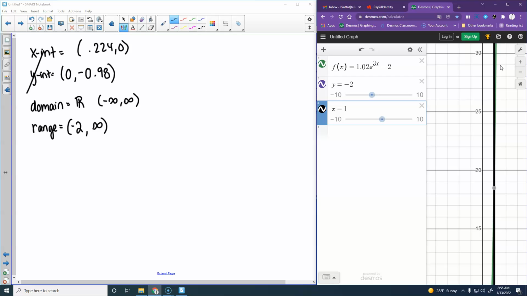Be careful with just looking at the graph, though, because sometimes it is so steep that it's going to look like a vertical asymptote, and you reach the limits of your technology. We do not have a vertical asymptote, so our vertical asymptote will be none.